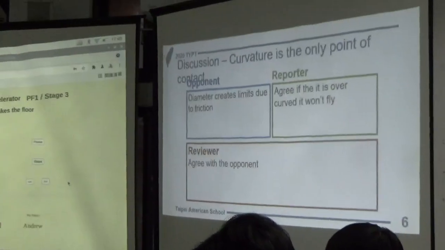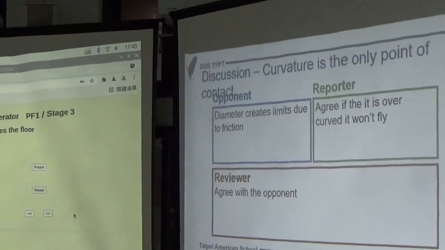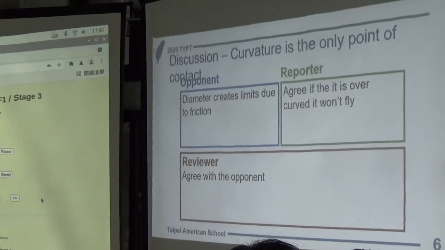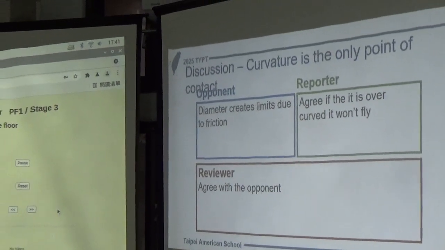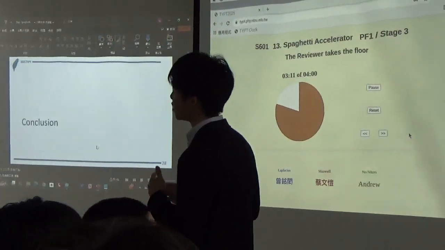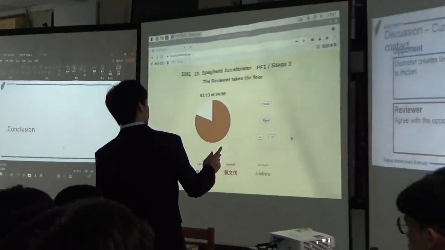Then they discuss whether curvature is the only factor, which I also agree with: if the diameter is too small, it creates a lot of friction and leads to the spaghetti not being ejected.